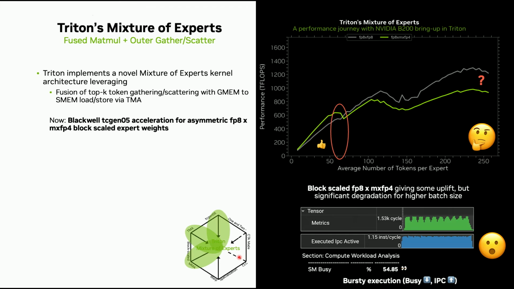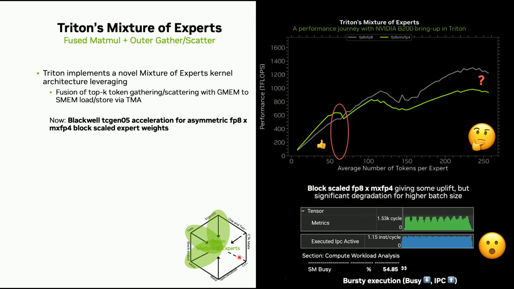So it's doing nothing, then ripping through a lot of instructions, then doing nothing again. This is very bursty execution. What we'd like to see is less bursty, with more overlap. Ideally, the SM busy percentage is bigger, and the rate of instructions when the SM is active is lower.